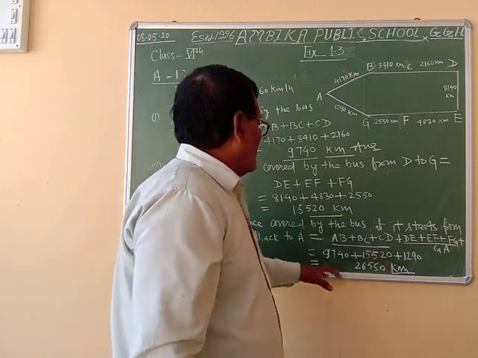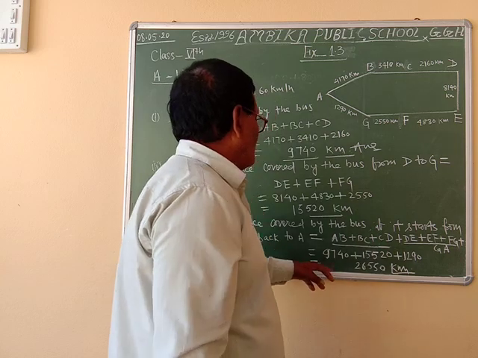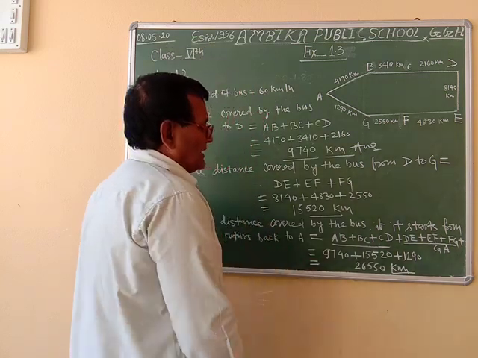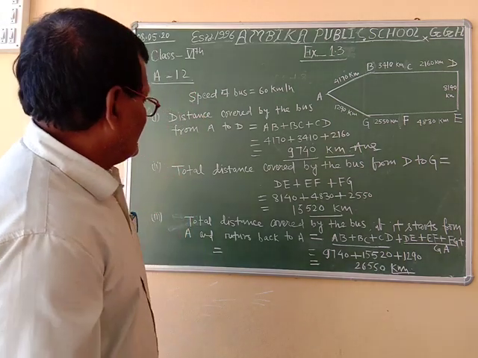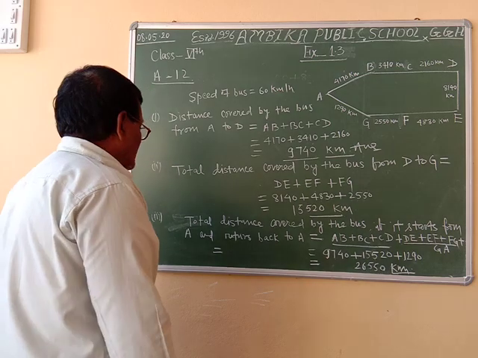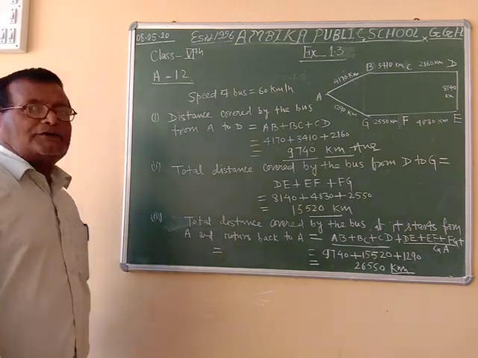So adding all the numbers, we get total distance is 26,550 kilometers. Hence, total distance covered by the bus if it starts from A and returns back to A.